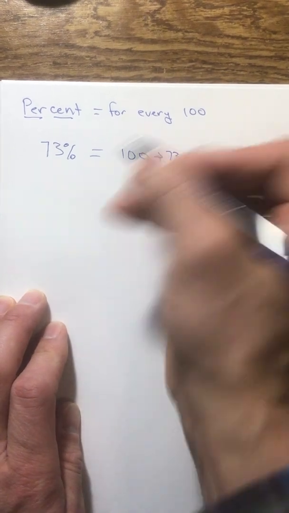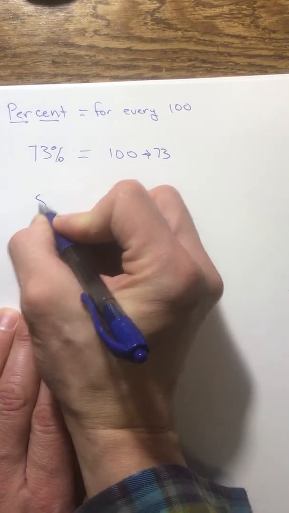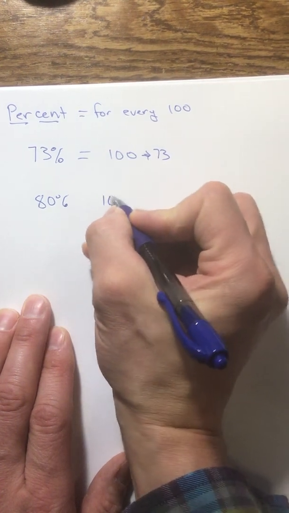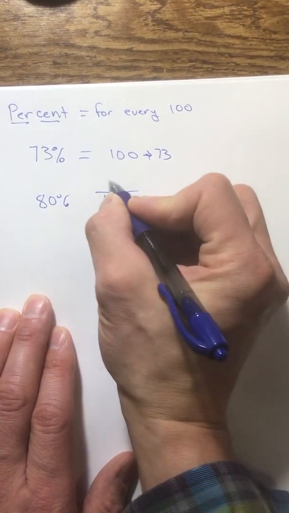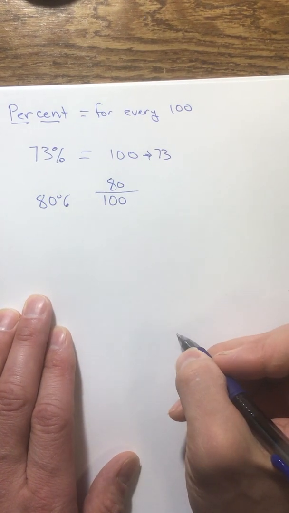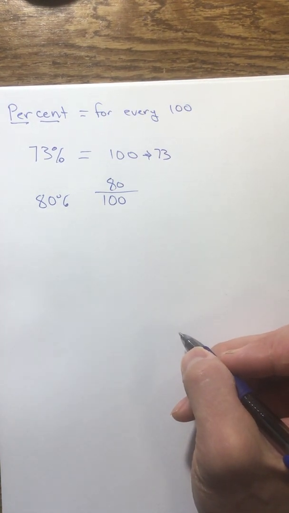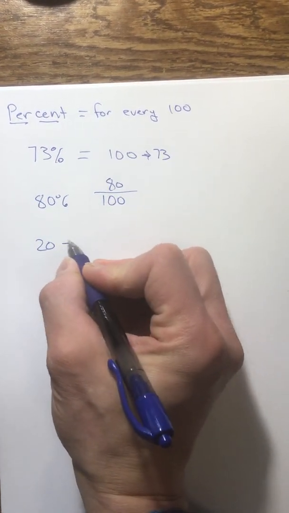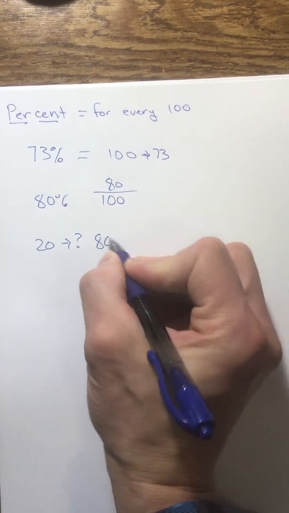When you get a score on a test, let's say you scored 80% on a test. That means that if there were 100 questions on the test, you would have got 80 of them correct. But you might think, well, most tests don't have 100 questions. The last test you took maybe had 20 questions. So how does that equal 80%?